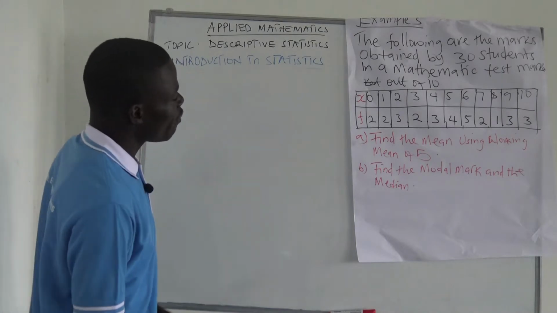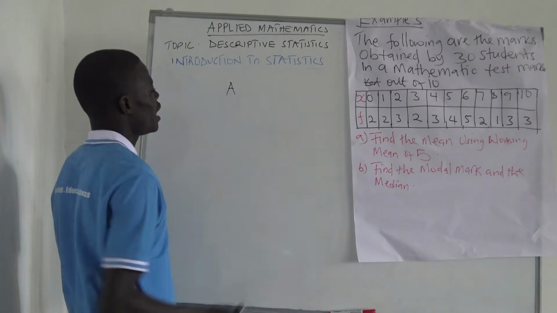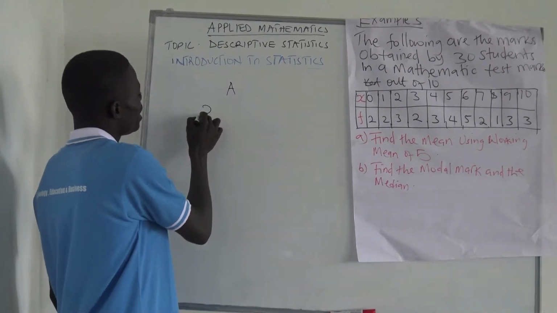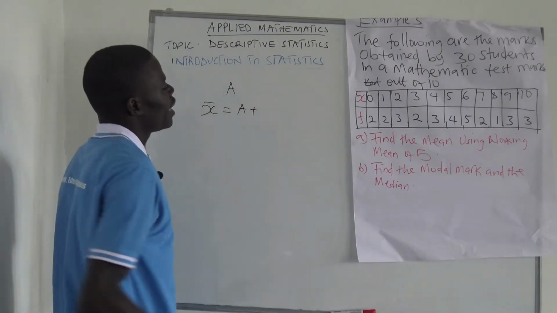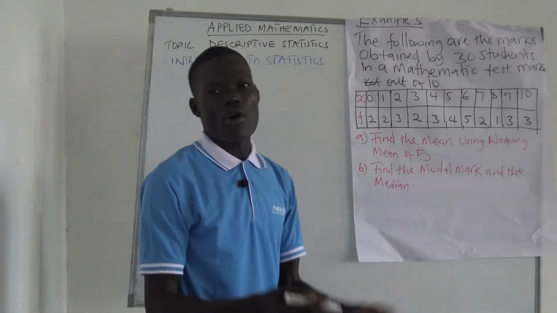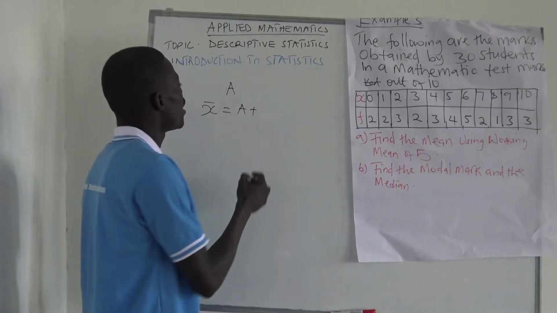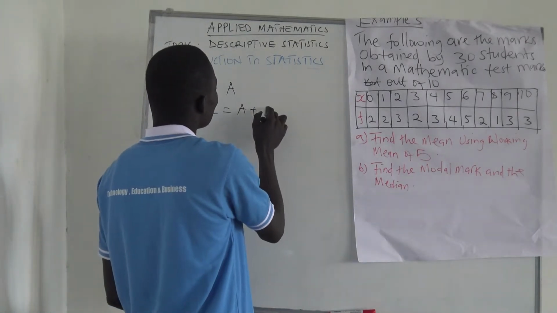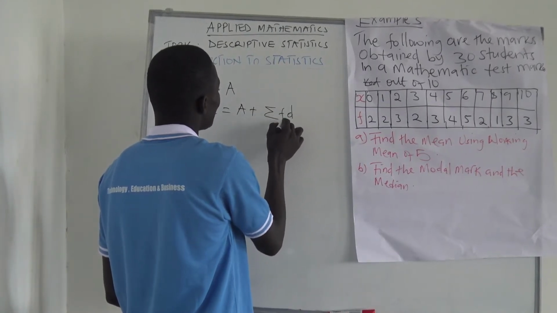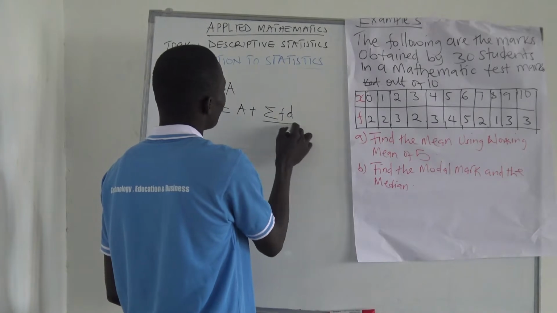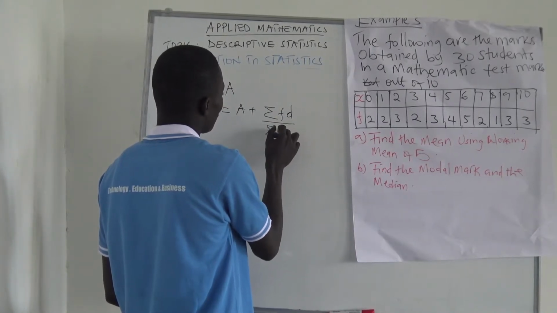If you are finding the mean, the working mean is the same as the assumed mean A. The mean is given by the assumed mean plus the summation of frequency times d, out of the summation of f.